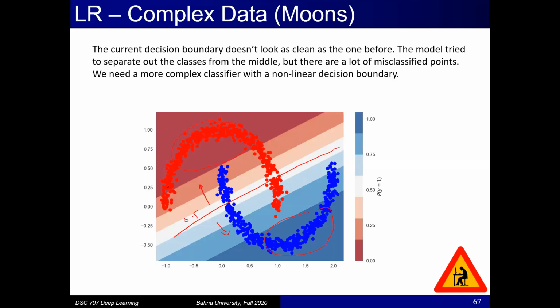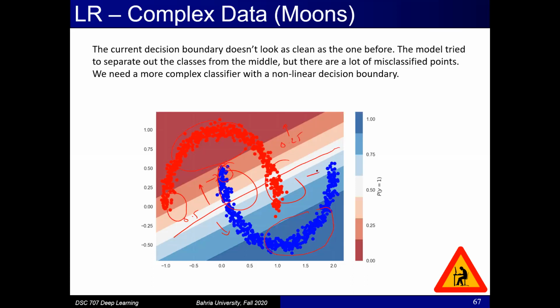But there are a lot of points like these and these which are overlapping, so your classifier is confused. For example, in this region it is saying there's a probability of like 0.25, which is close to 0, that it belongs to the red class. But in other words, all of these blue points which are here will be wrongly classified, so they will actually be classified incorrectly.